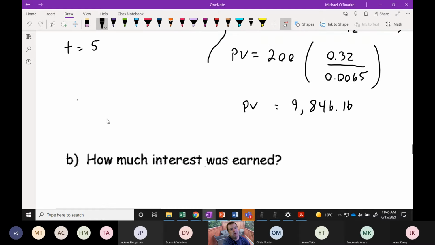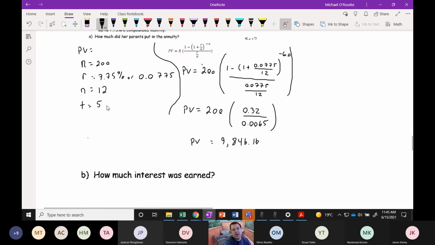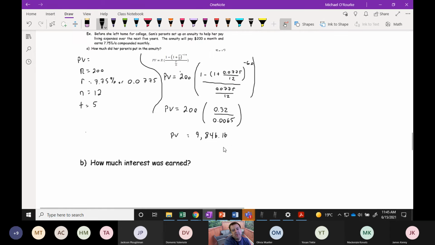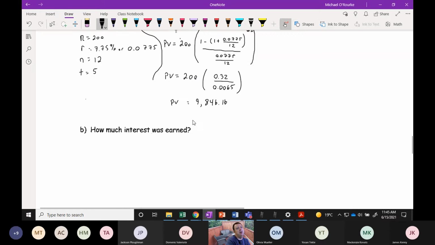How much interest was earned? You did the calculator. So how would we figure out how much interest was earned here? Okay, it's kind of the same thing as we did before. How much money did her parents pay her in total? They got $200 for 60 months. So they paid $200, right?